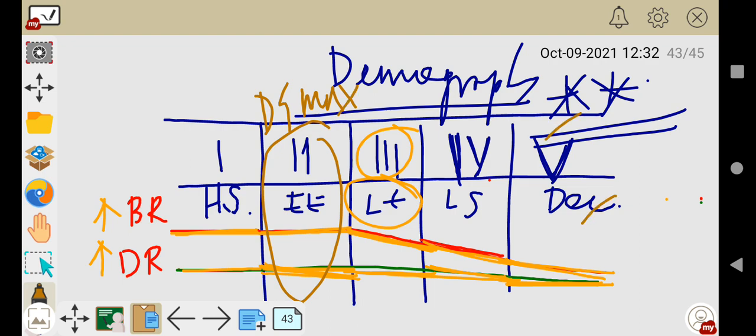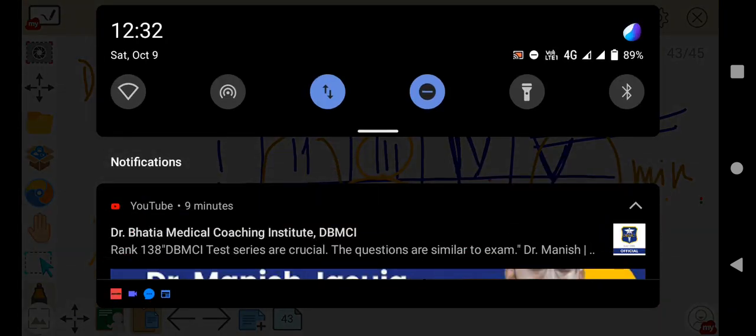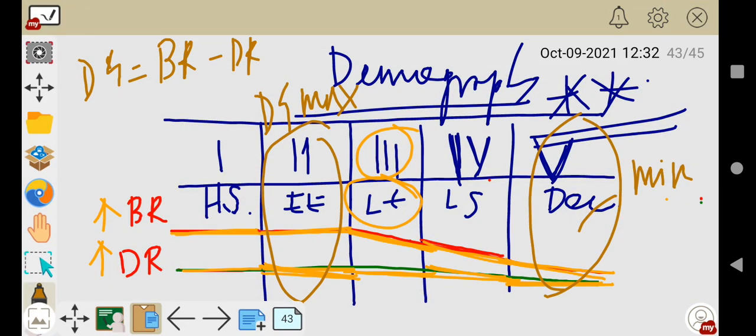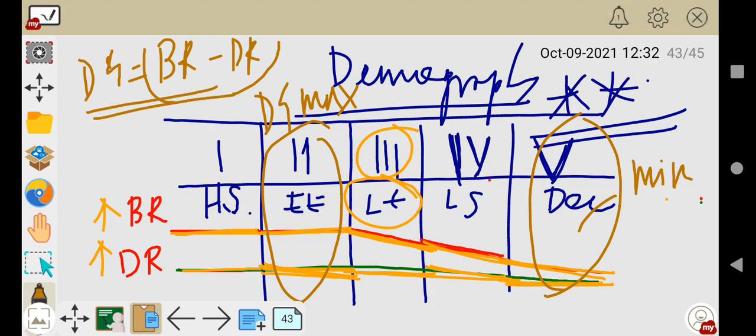Where it is minimum, demographic gap is minimum in stage 5. By the way, what is demographic gap? Demographic gap is birth rate minus death rate. This is your demographic gap.